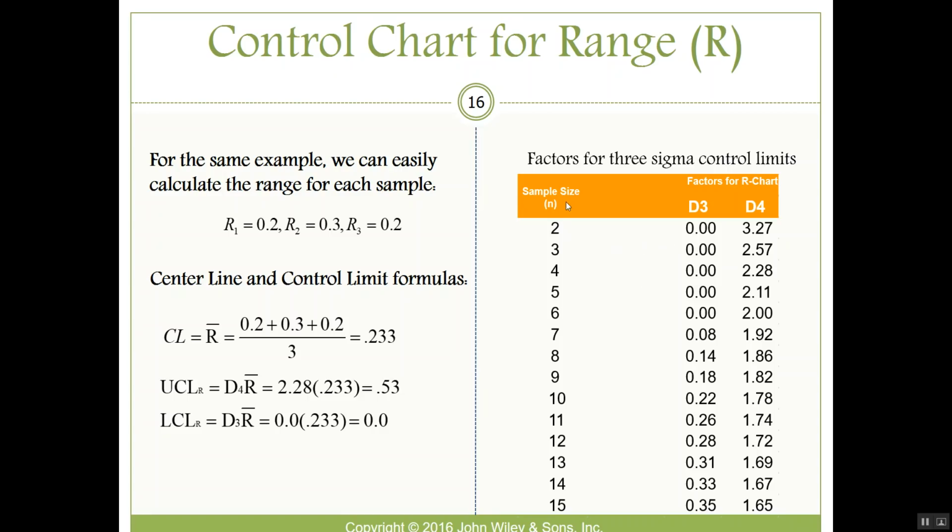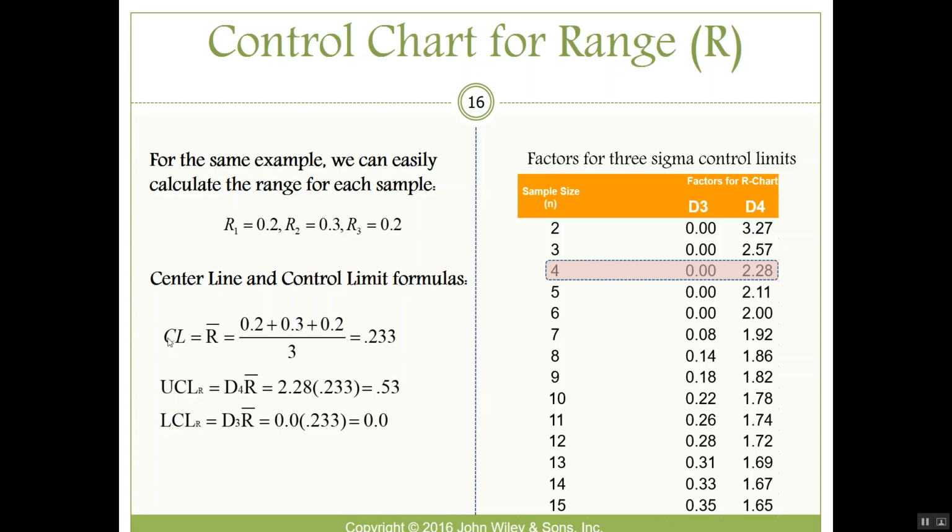So you need to first find your sample size n, which here is equal to 4. One more time, here k was 3, n was equal to 4. So because n is equal to 4, D3 is going to be 0 and D4 is 2.28. So you plug in the values of D3 and D4, and you calculate the values of UCL and LCL.